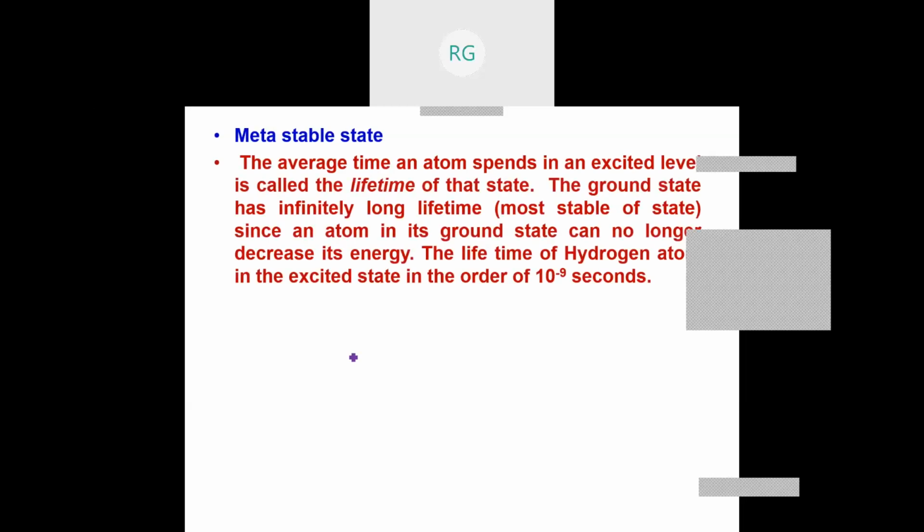A metastable state is a long-lived state, or longer lifetime state. It is one which generally has more lifetime than a normal state. A normal state will have a lifetime of 10 to the power minus 8 seconds, whereas the metastable state, even though it is not stable for long, will have a lifetime more than this, maybe 1 millisecond.